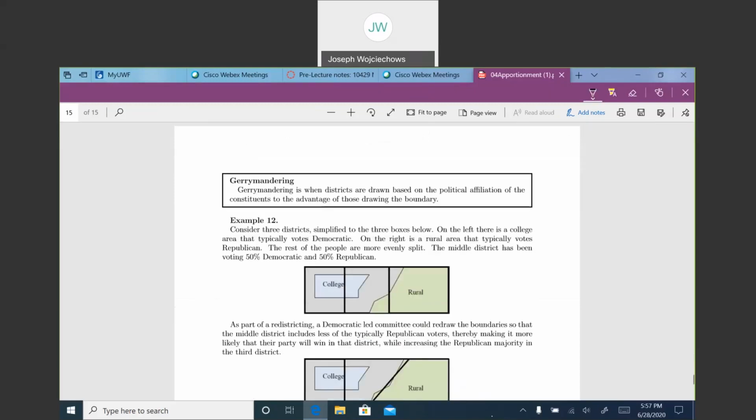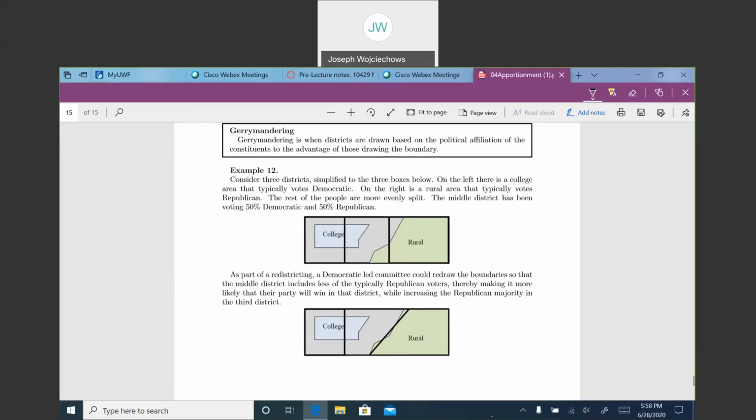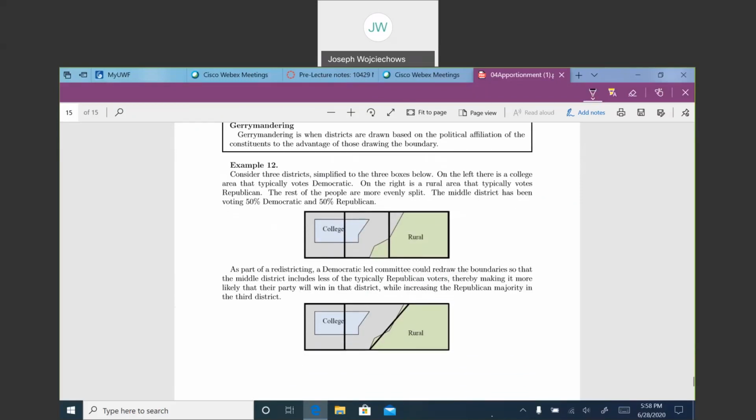So the last idea, and you've probably heard of this term, gerrymandering, is when districts are drawn based on political affiliation of the constituents to the advantage of those drawing the boundaries. So we'll consider 3 districts simplified to the 3 boxes here.